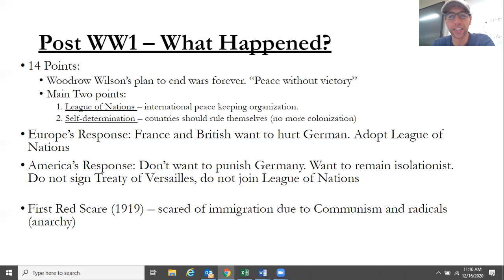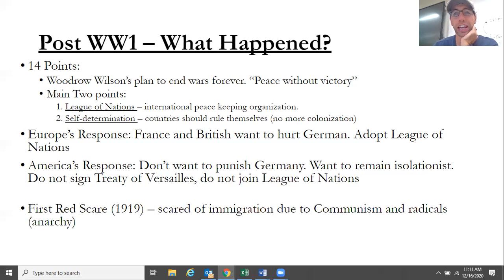Part of the reason why the United States wants to remain isolationist is because they are fearful of immigration at this time. In the 1920s, immigration is going to drop very, very fast, and this is in large part due to the first Red Scare. This is a fear of European immigrants bringing over communistic ideas or radical ideas.